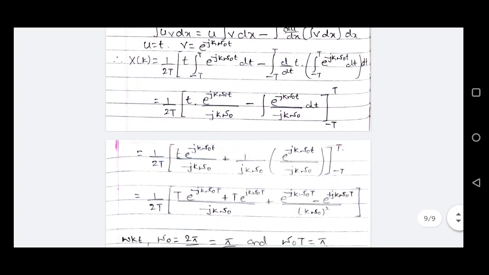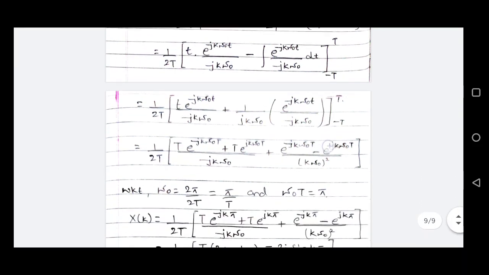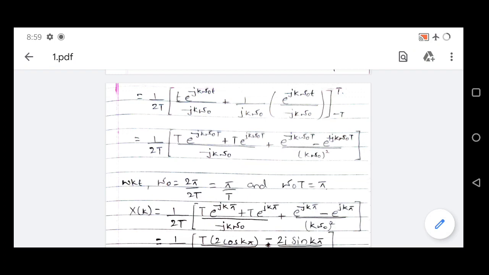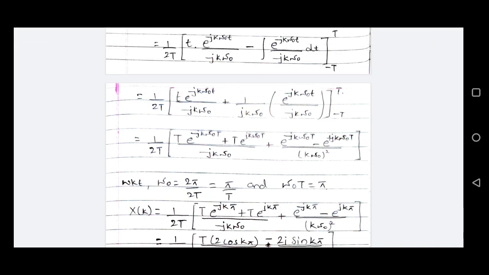After integrating this and substituting the lower limit and upper limit, we can write it as 1 divided by 2T times capital T times e to the power minus jk omega naught T plus capital T times e to the power plus jk omega naught T divided by minus jk omega naught, plus e to the power minus jk omega naught capital T minus e to the power plus jk omega naught capital T divided by k omega naught square.